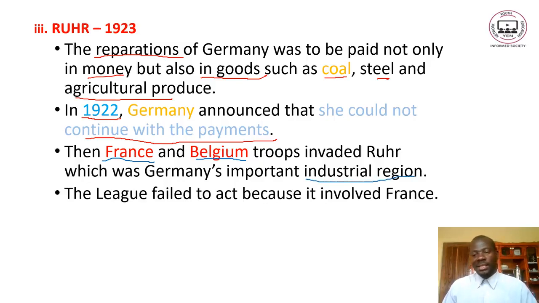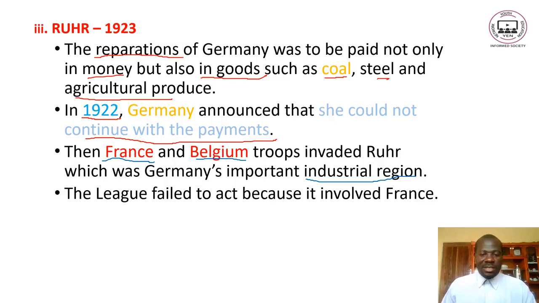It was like the economic base, the economic city of Germany, which produced more of those things that were to be paid, especially for reparations as well as for sustaining their economy. So France and Belgium invaded after Germany announced that she could not continue with the payments.